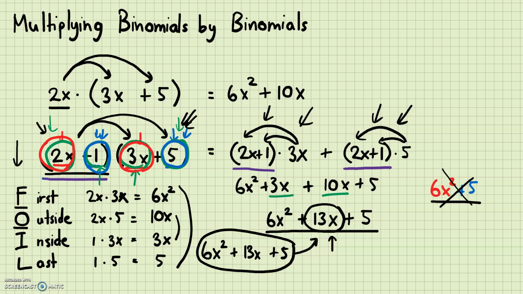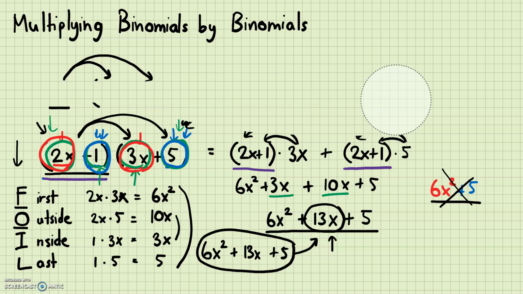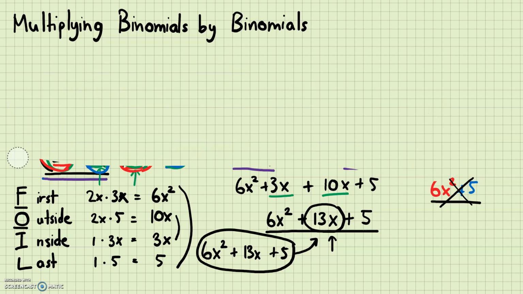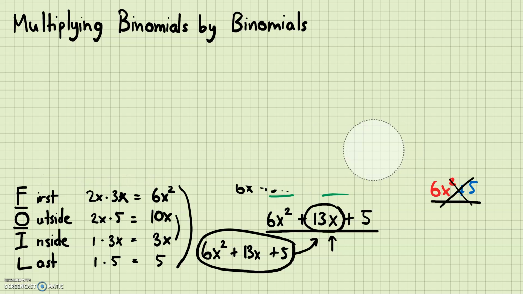Let's do one last example on using FOIL. If you're not 100% clear on how to use FOIL, I'm hoping that this last example will clear things up a little bit.